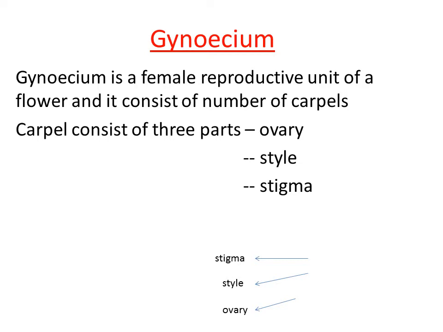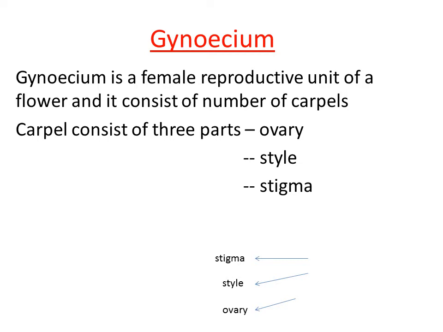The ovary is the main part where some structures are present in order to form eggs. Eggs are the female gametes, right? And what is the structure that leads to the formation of the female gamete? Within the ovary, the swollen basal part, there are a number of structures called ovules. Clear?